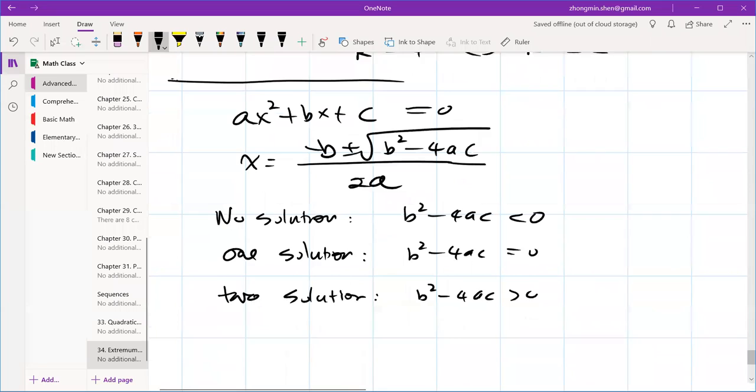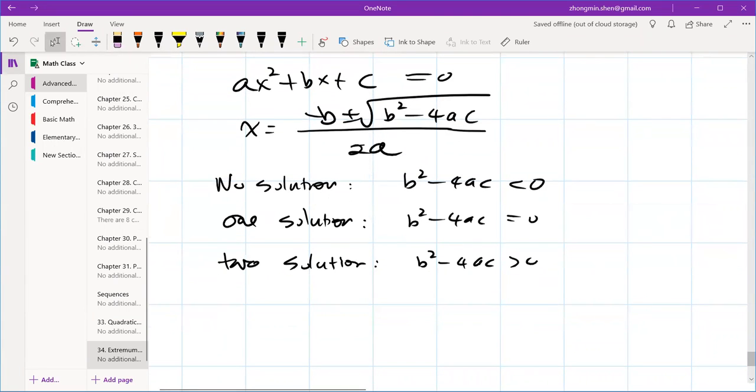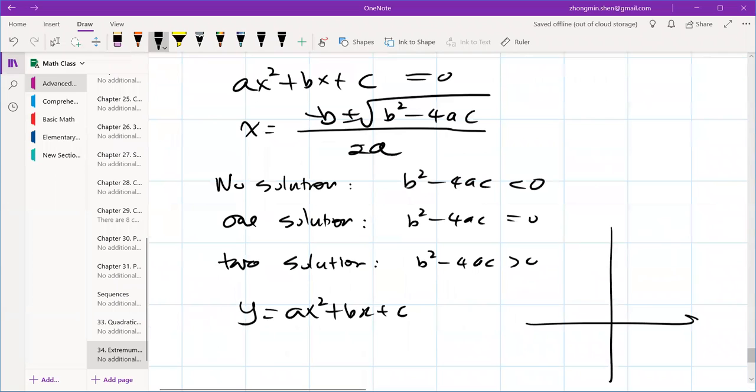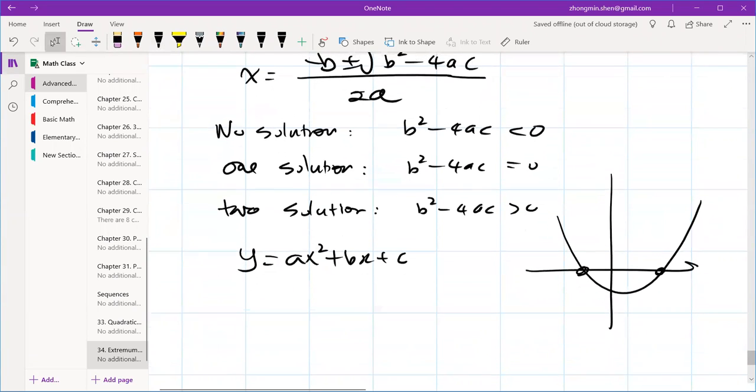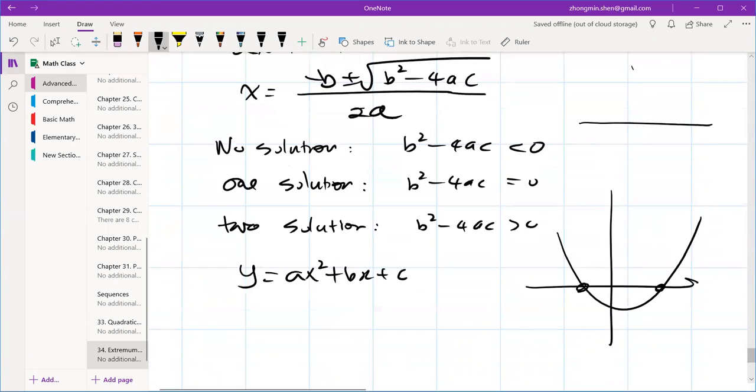Now the geometric meaning of this is, if we look at this equation, this is a parabola that opens upward. Here you have two solutions in this case. The first one has no solution, no intersection.